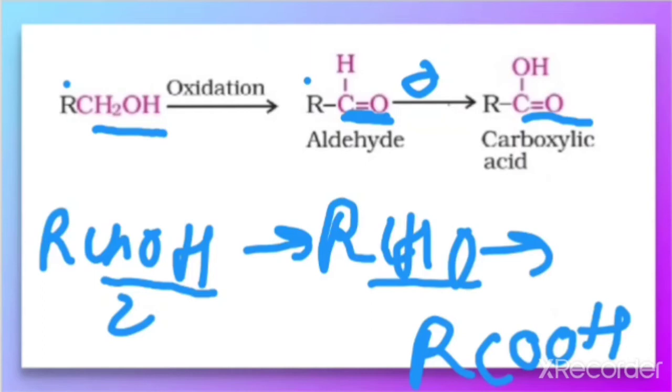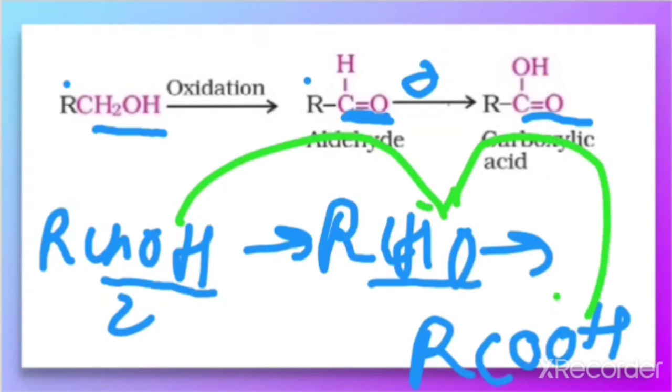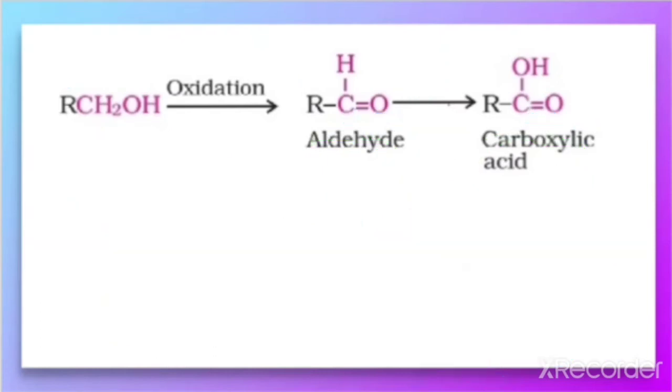So you can make the reaction easily. You have to keep the R as it is. Just change CH2OH into CHO, and the CHO you have to change into COOH. That is, alcohol gives rise to aldehyde, aldehyde gives rise to acid. You can take one example by keeping R as CH3.